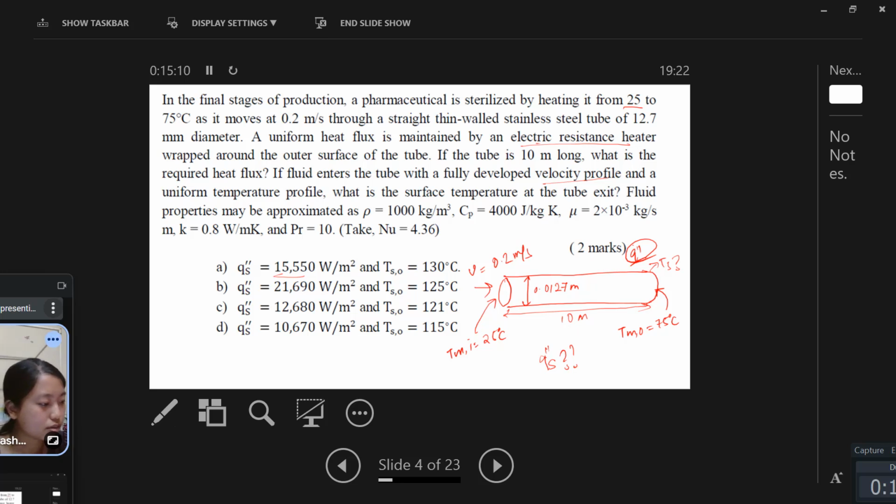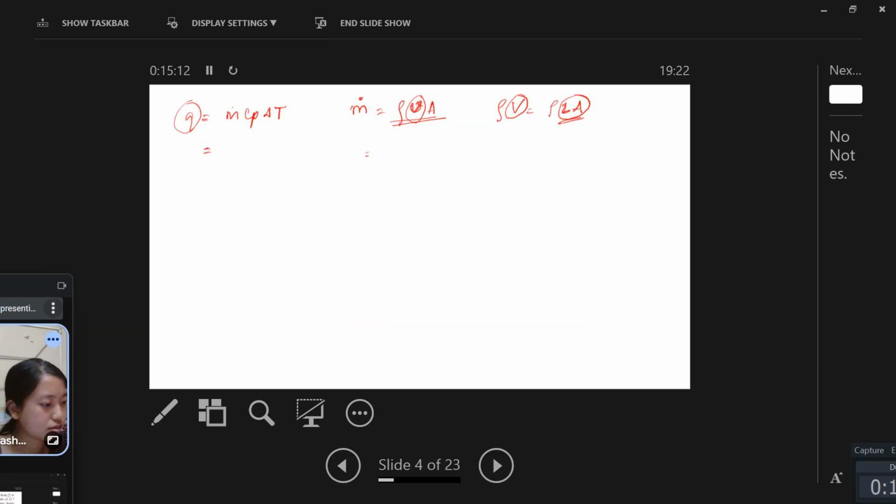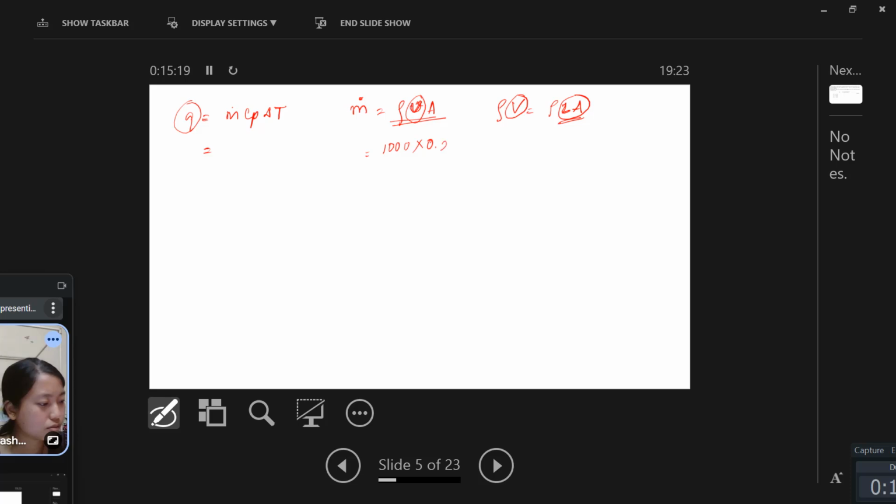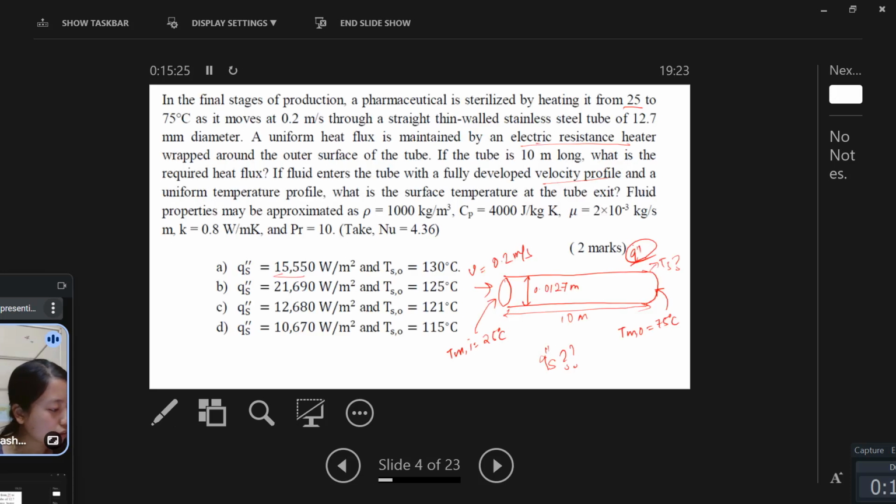Rho is 1000, V is 0.2, and A is the cross section, that means pi d square by 4, not pi d square.